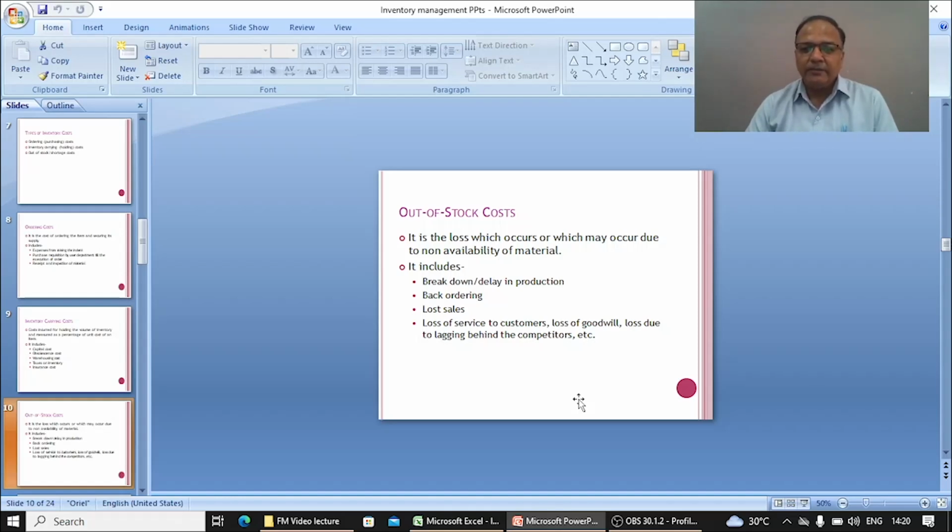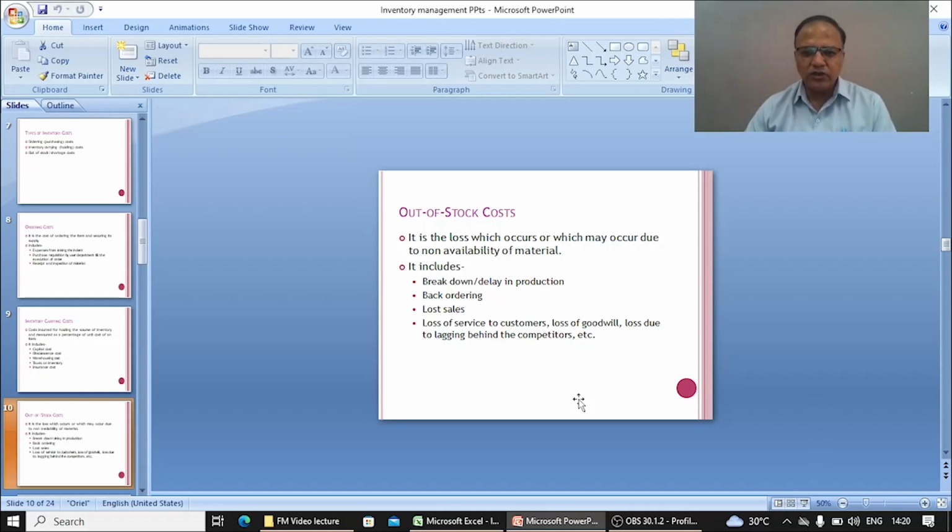And if this type of risk is faced by the organization again and again, then you will lose a lot of customers, and as a consequence your sales and your profit will go down.